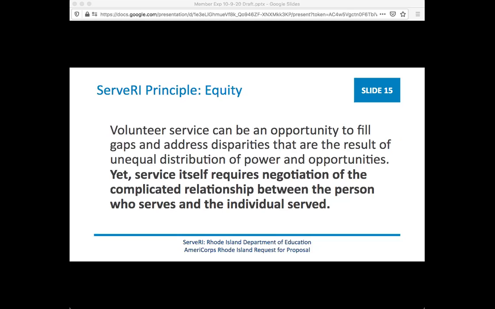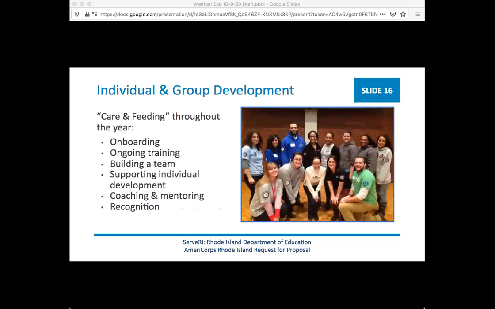For some people, this was the first time they've done this kind of service. It's kind of mind-blowing to them, so how do you support them in that? I really think of this as one of the entrees into thinking about the care and feeding, as I call it, that AmeriCorps members will need throughout the year. Obviously they're going to need onboarding, but they're also going to need ongoing training.